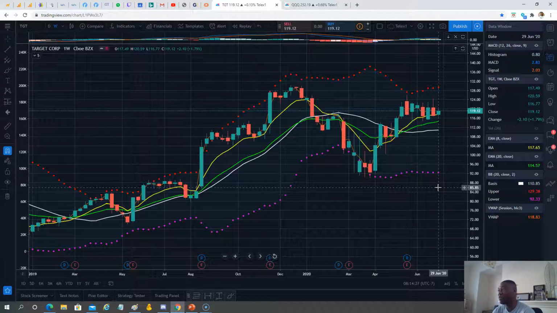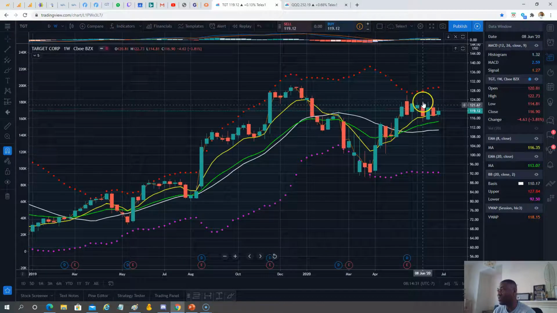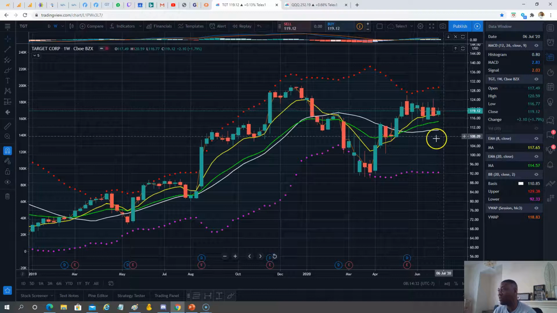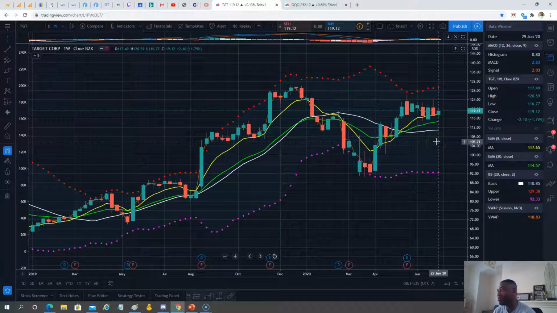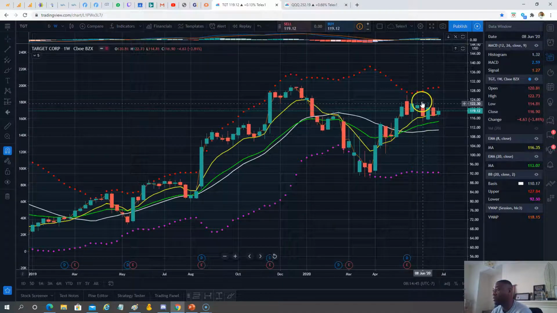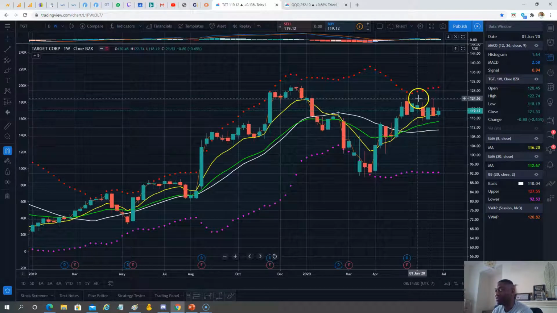So from here, look at all of those candles. What is going on with this guy? What do they want to do with this thing? So I'm going to say 114 puts. And we are going to say, well, what was the resistance? Now let's start talking about price resistance. So 122 call.